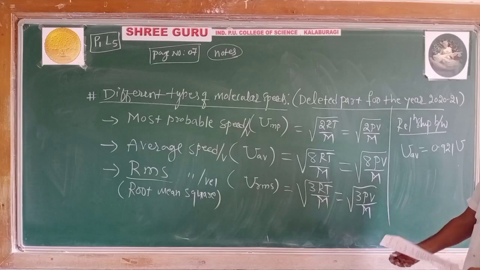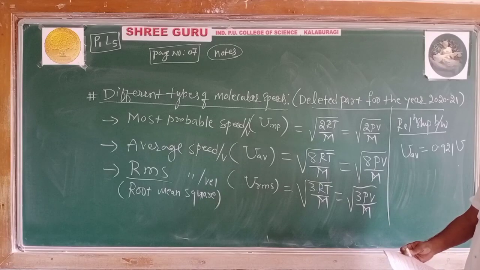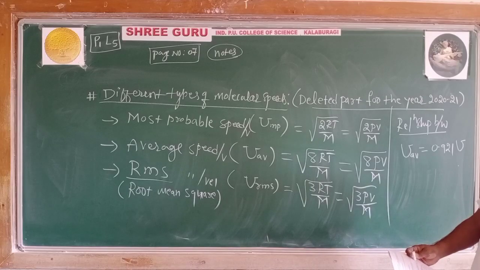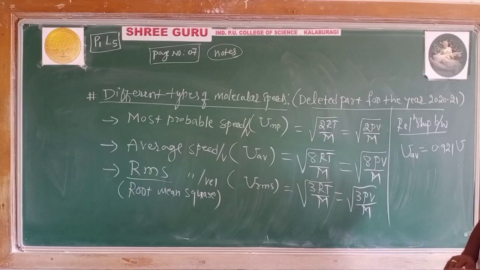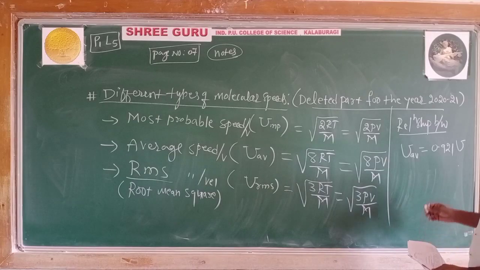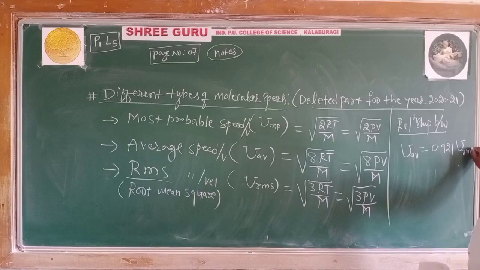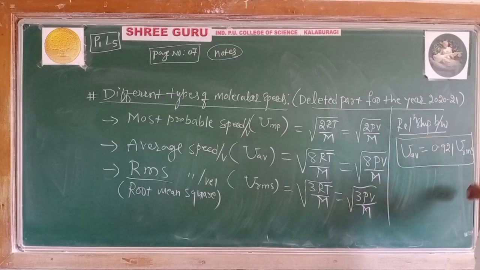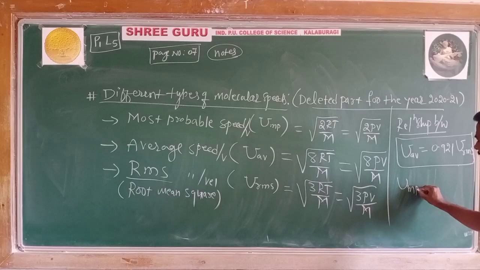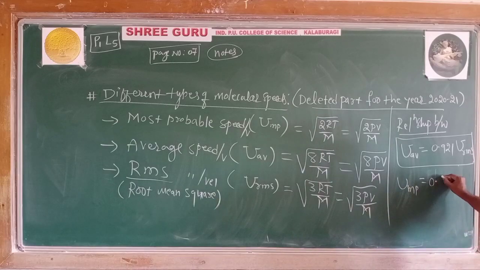Average velocity equals 0.921 times RMS velocity. And the second one is most probable velocity, UMP, which equals 0.816 times RMS velocity.